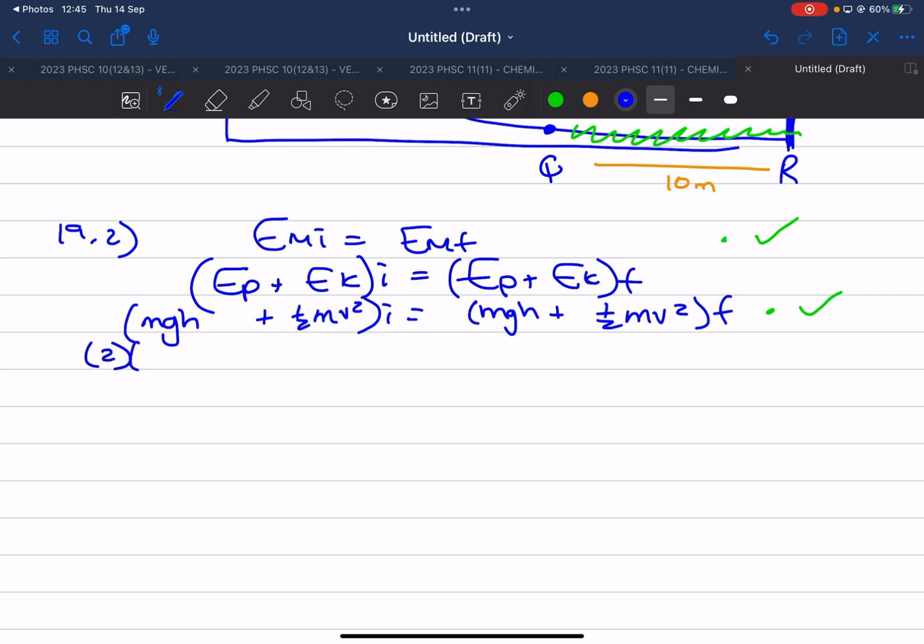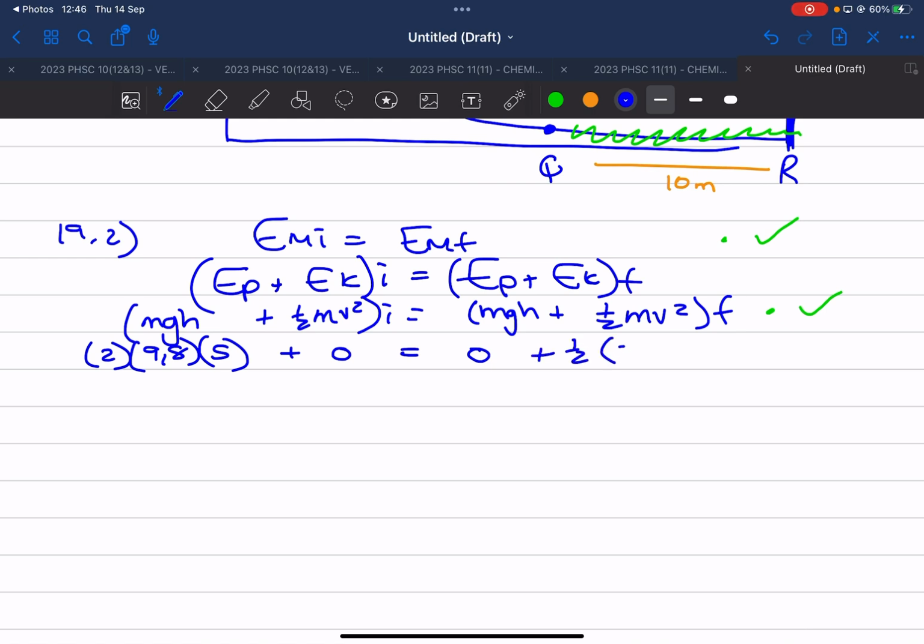Mass is 2, g is 9.8, and the height at the beginning is 5 meters. The velocity at the beginning is 0 because it's from rest. Dan aan die einde is die height 0 want hy is onder op die grond. And we have a half.